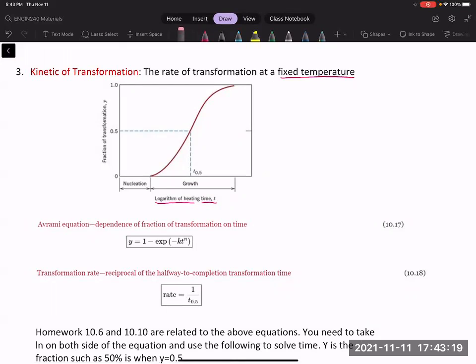This is the graph that we generate at a fixed temperature, say for example 500 Celsius. If you keep it at 500 Celsius and start with the time here, let's say this is 0.01 second, and go all the way to the right, this may be like 10 days. Again, the scale is a log scale.